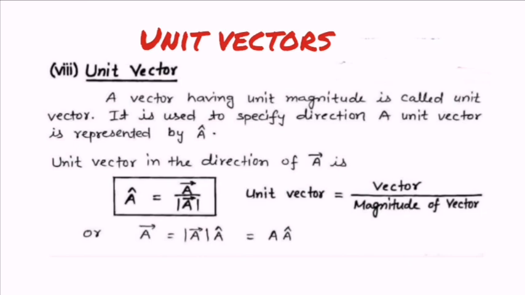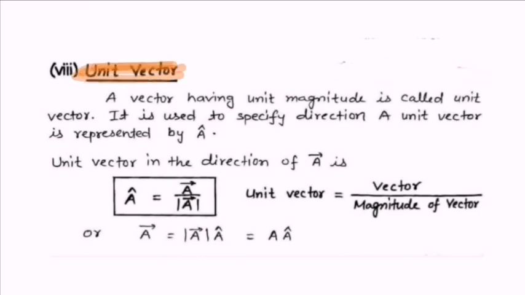Unit vectors. A vector having unit magnitude, means a vector whose magnitude is 1, is called a unit vector. It is used to specify the direction. A unit vector is represented by a cap. The unit vector in the direction of A is defined as the vector divided by its magnitude.